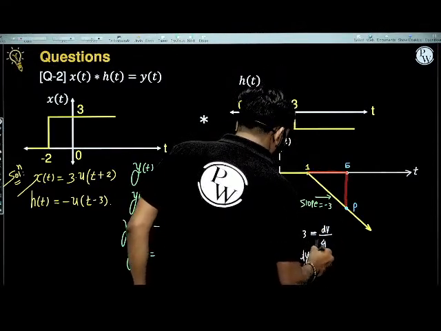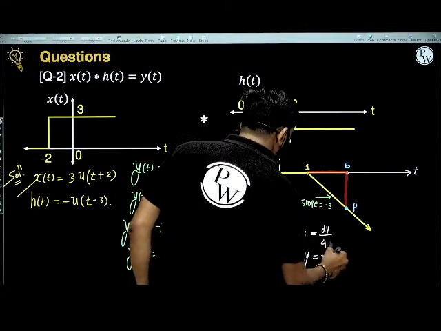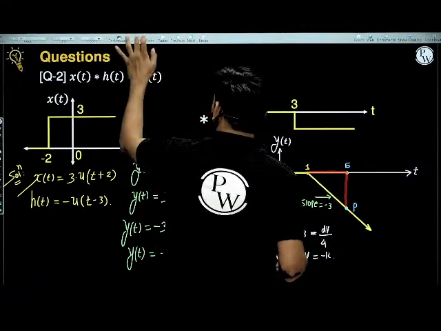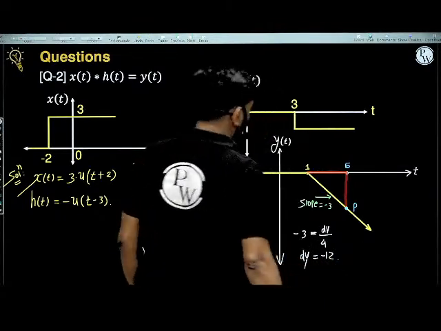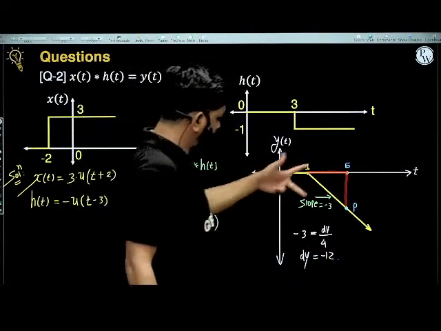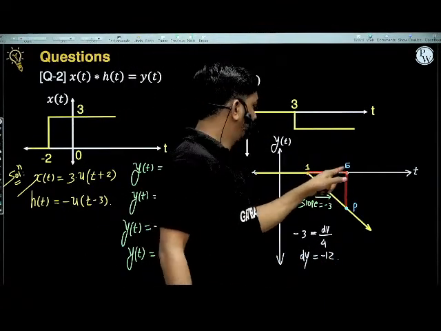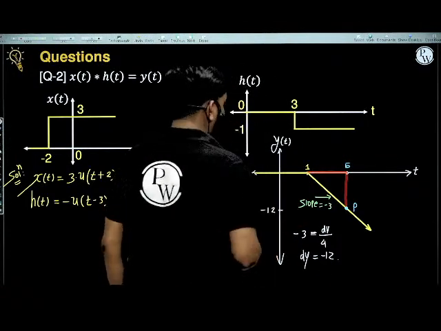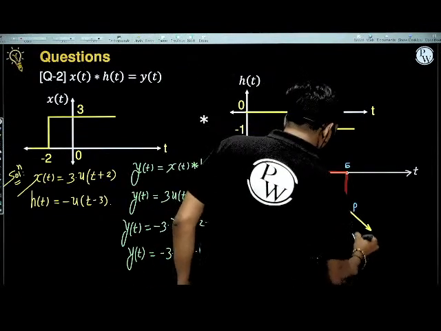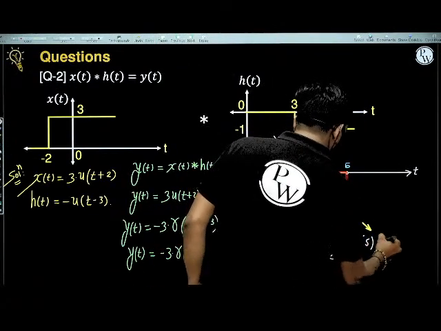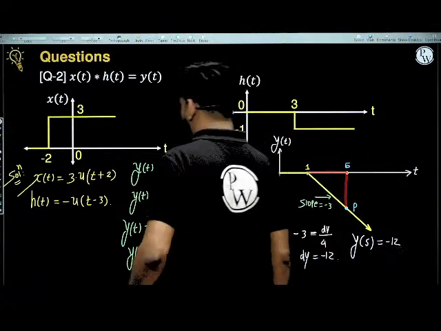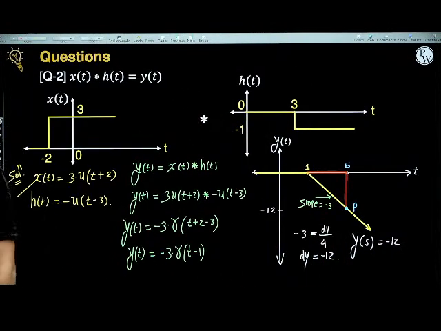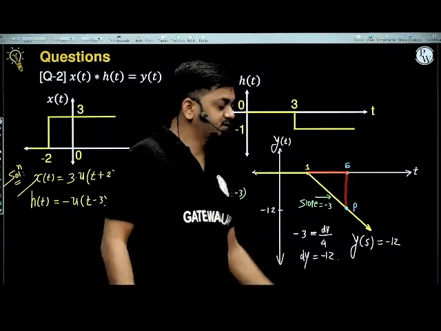So dy is equal to minus 12, correct? So this difference is minus 12. Here the amplitude is 0, the difference is minus 12, so it will be minus 12 only. So y of 5 is minus 12. They can ask a numerical answer type question like this. Fine. y of 5 is minus 12.